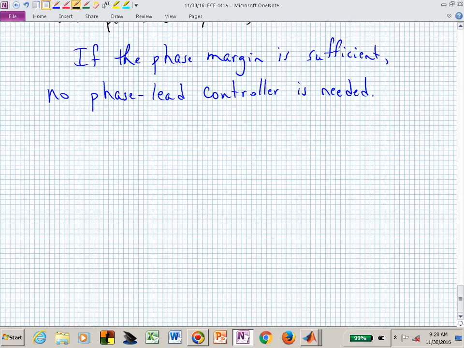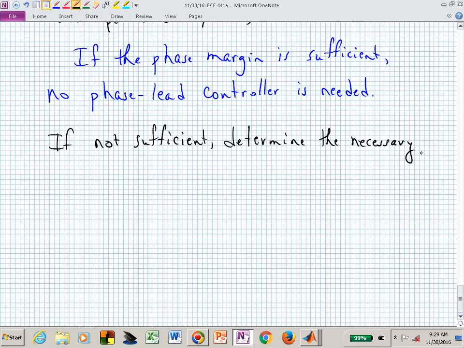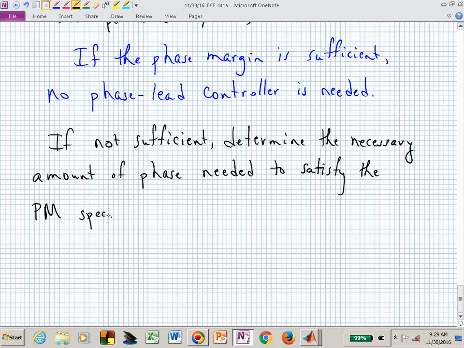On the final, it's probably not going to be sufficient, so if not sufficient, determine the necessary amount of phase needed to satisfy the phase margin specification.